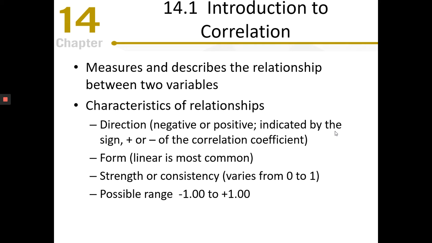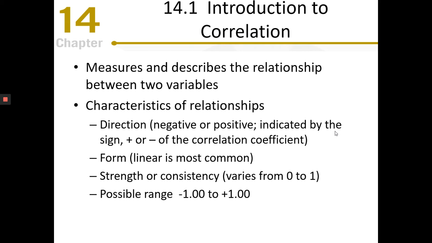And then the strength. It goes from 0 to 1, and this is an absolute value, so we're ignoring whether it's positive or negative. Positive or negative does not mean anything about the strength. Positive or negative just tells us what direction the relationship is. The 0 to 1, the magnitude, tells us how strong it is. 1 is perfect.